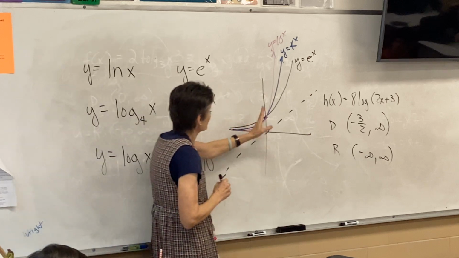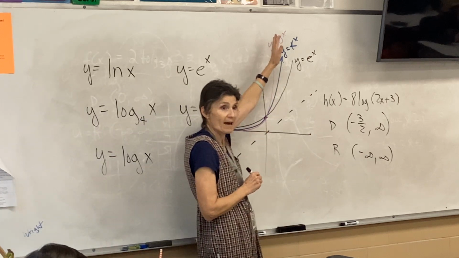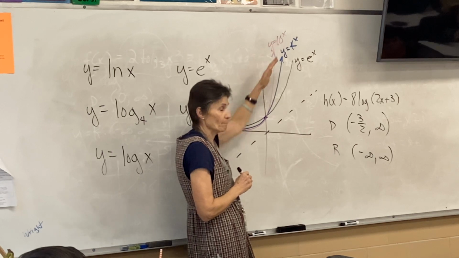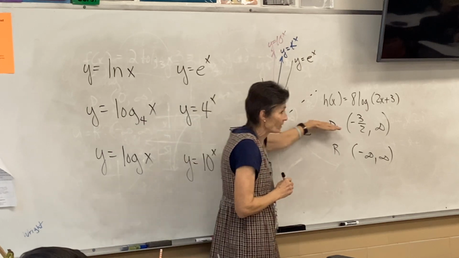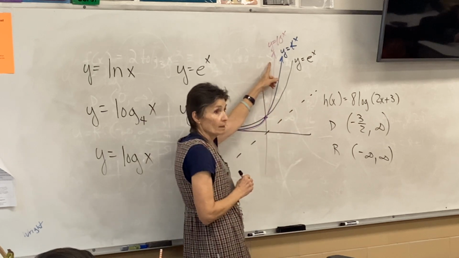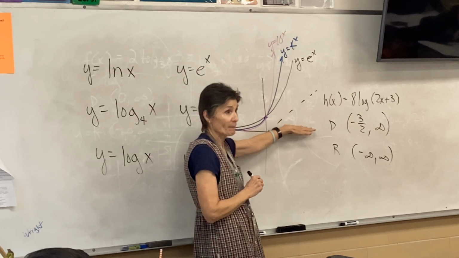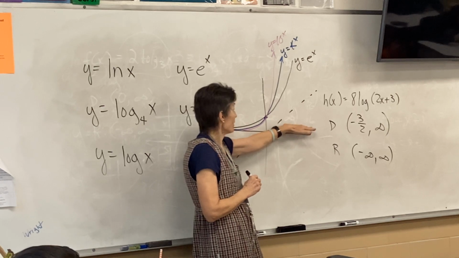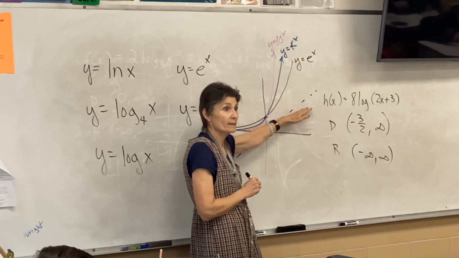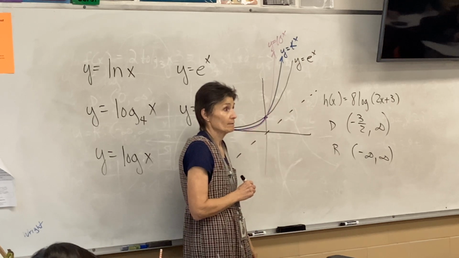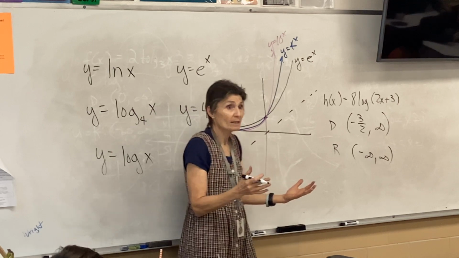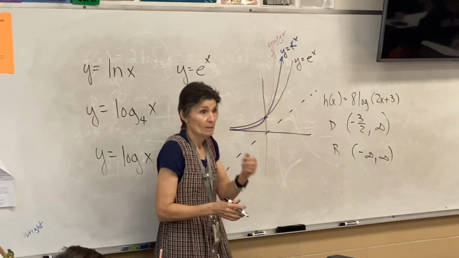See this pink line that's shooting up really, really fast? What is he going to be doing when I fold him? Isn't he going to be coming out like this? So won't log base 2 be on the bottom of my pile? And then the middle one is going to be the 4, and the top one is going to be the 8. Let that digest. Does that logic make sense to you?